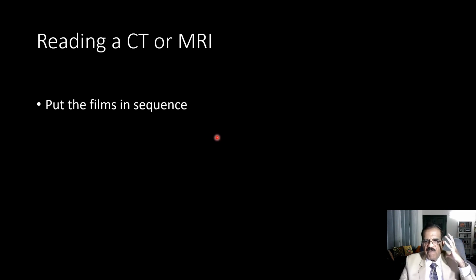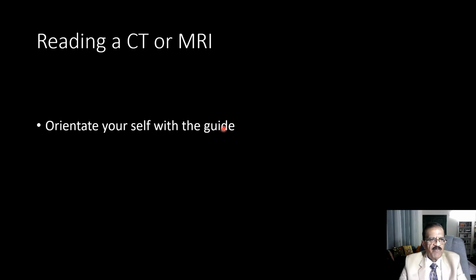Typically, when the whole brain is imaged, you would have 3 or 4 films, and you must put them in proper sequence so that you can orientate yourself, and then you can see them. Orientate yourself with a guide. Experienced radiologists do not need this guide, but internists, especially when they're training themselves, must take the help of this guide. I'll show you what I mean.